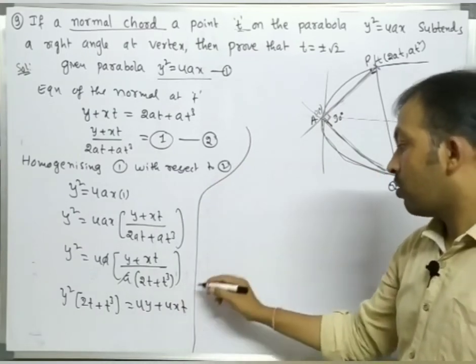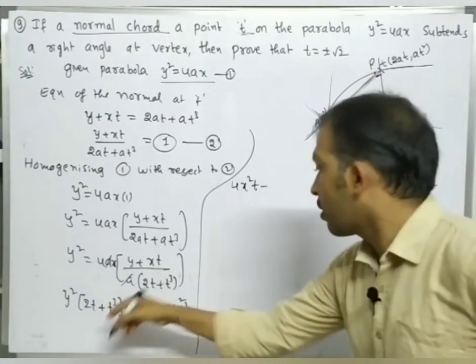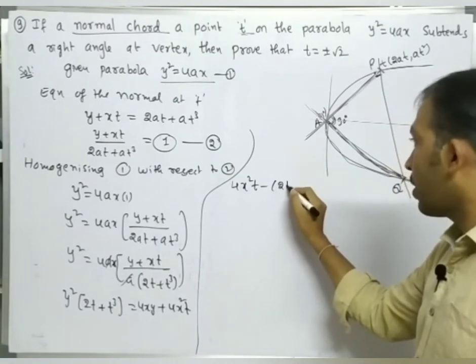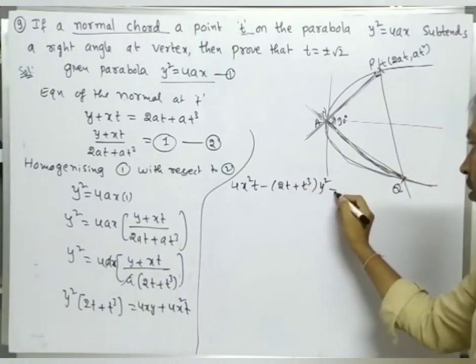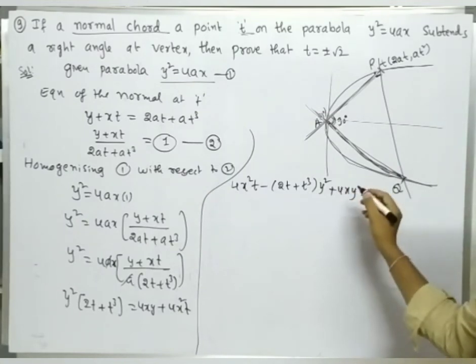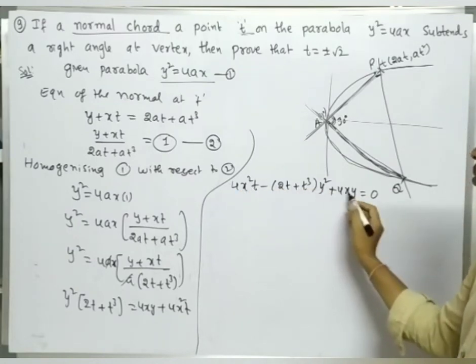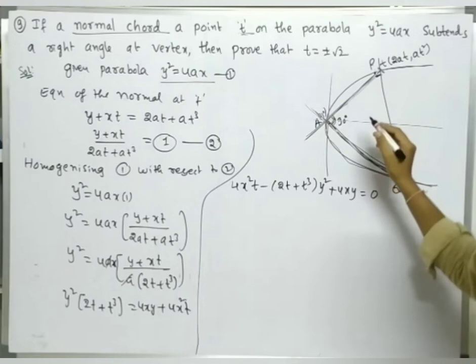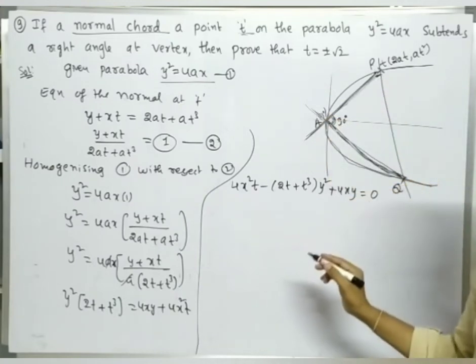So 4x square t minus (2t plus t cube) into y square plus 4xy is equal to 0. So this is the combined equation. So this is of the form ax square plus 2hxy plus by square is equal to 0. So the combined equation of these two lines is a homogeneous equation, right?